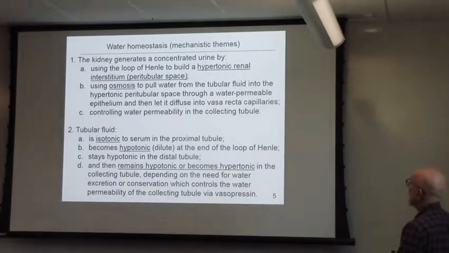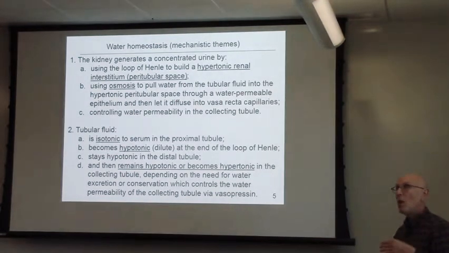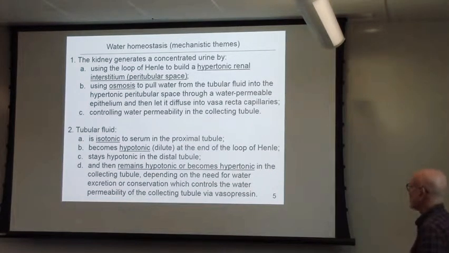Then osmosis is going to pull water from the tubular fluid into this hypertonic peritubular space through water permeable channels, we'll see those, and then recover it into the vasa recta capillaries. So we're going to build a hypertonic interstitium and then use osmosis to pull water out of the urine and recycle it back into the blood, where it goes back to the body.